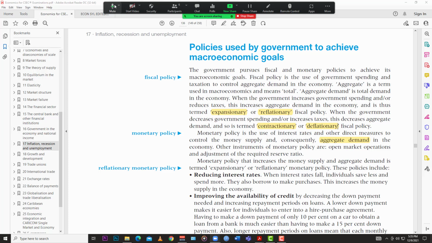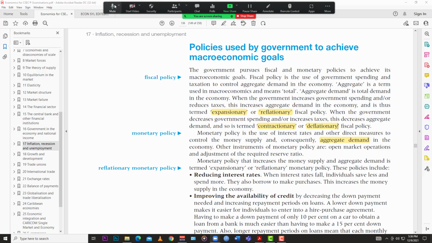They can use all these tools to try to impact the money supply. If the money supply is too high, that can lead to inflation. If the money supply is low, that can lead to recession.